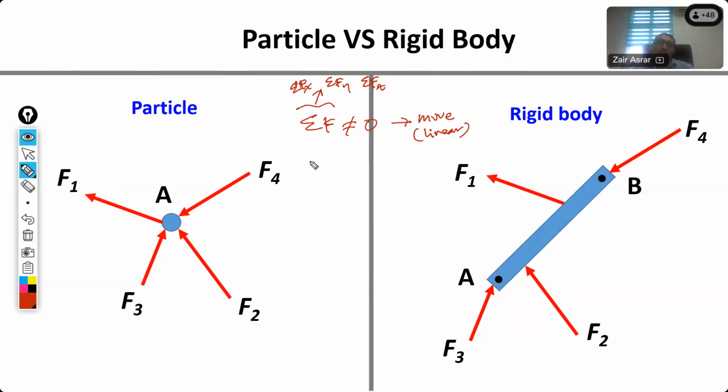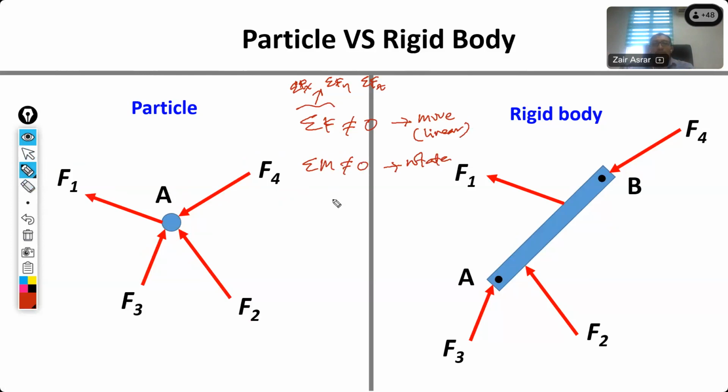So if we have summation of force not equal to 0, can we have moment for that particular object? Yes, we can. If summation moment is also not equal to 0, the object will rotate.